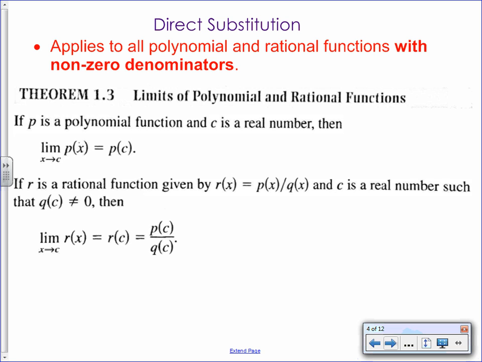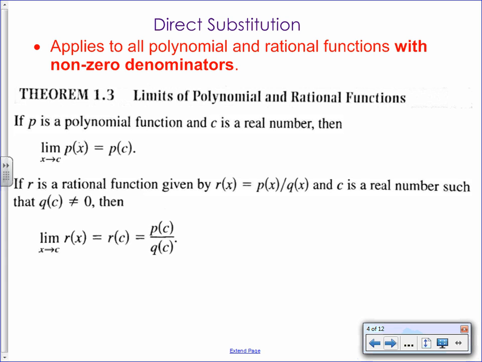So we can use direct substitution on any polynomial function and any rational function as long as it's not going to make the denominator 0. Okay? So any polynomial function and any rational function where our denominator will not be 0, we can just do direct substitution. What does that mean?